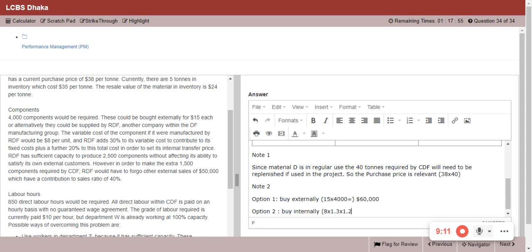And for how many units? For 4,000 units. So let's see what the price comes down to. 8 into 1.3 into 1.2 into 4,000. So this is 49,920.